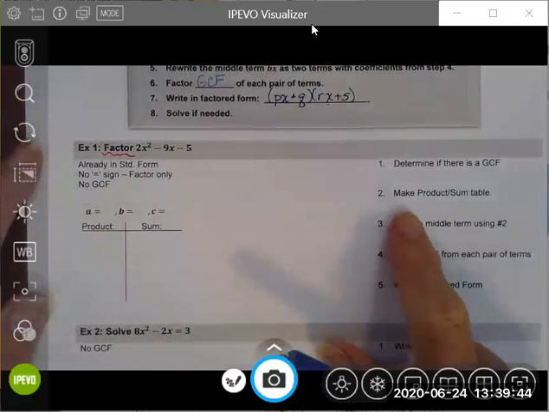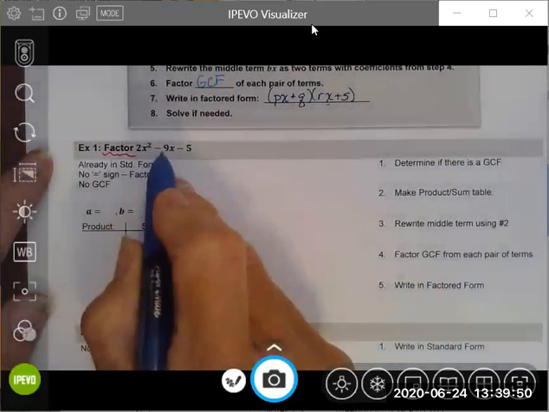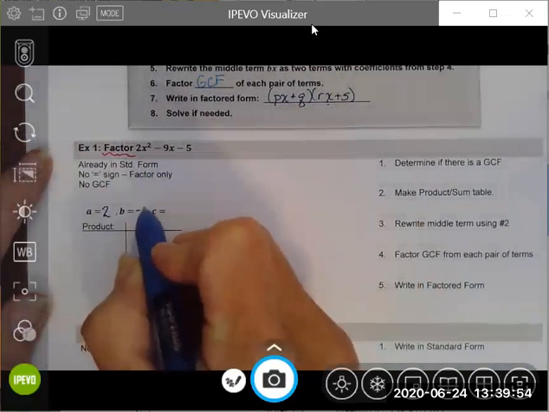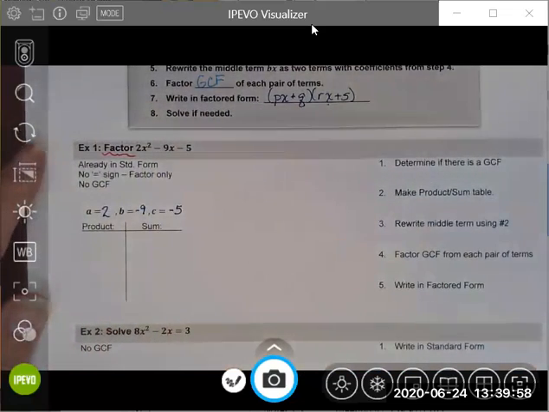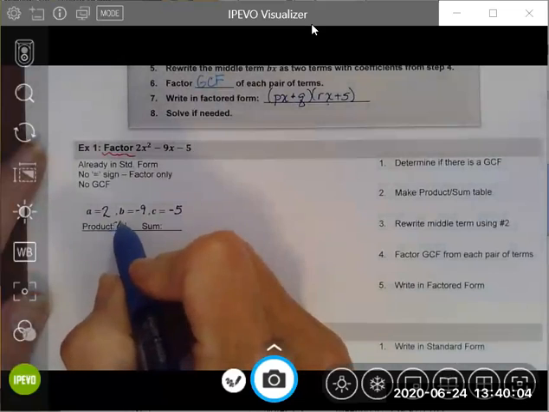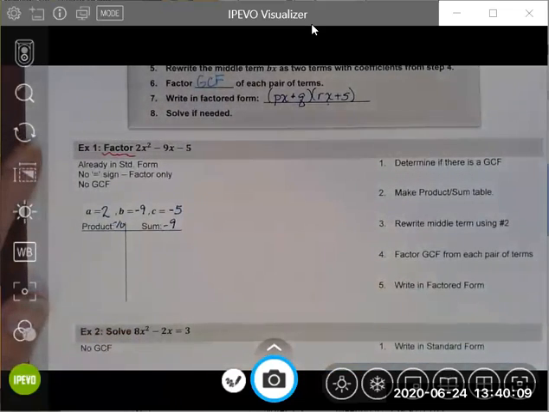The next thing I'm going to do is that product-sum table. I like to identify what my a, my b, and my c are. In this case, a is 2, my b term is -9, and my c term is -5. So I am going to try to find factors of 2 times -5, the product of -10, that add up to -9.